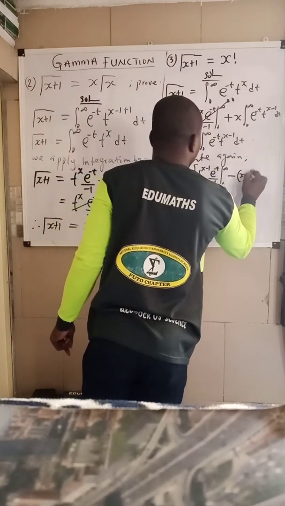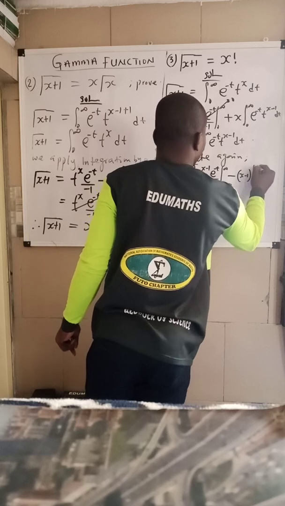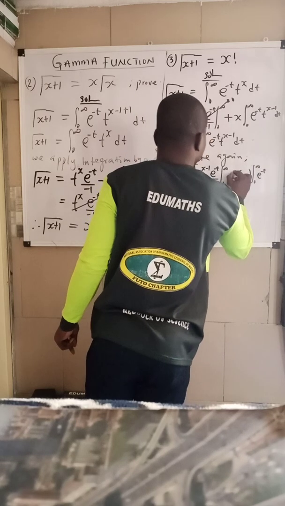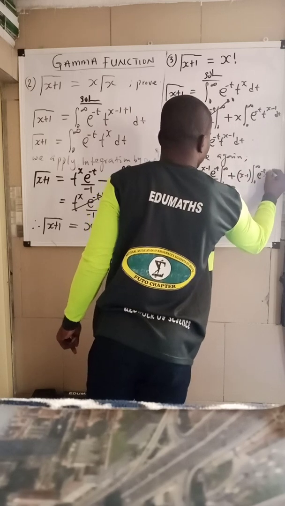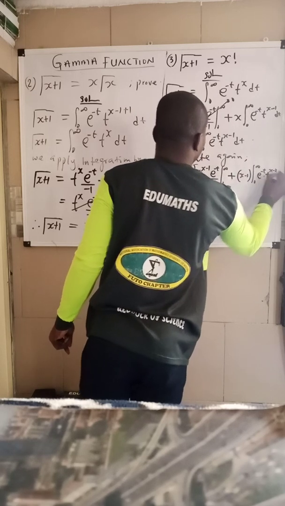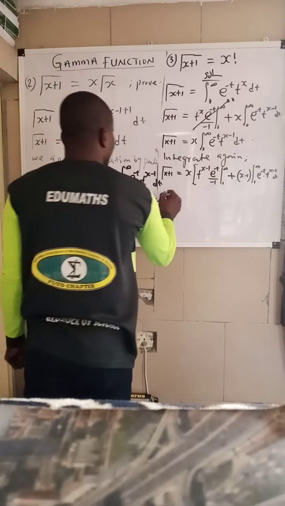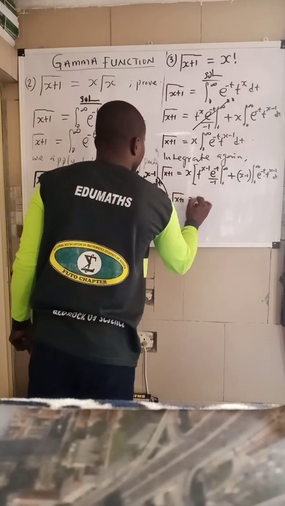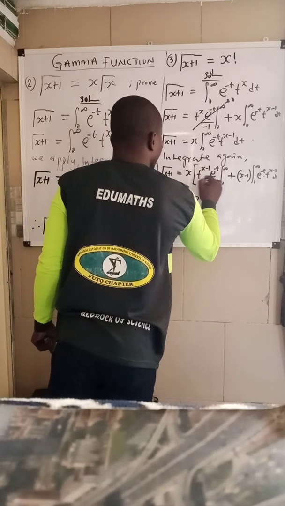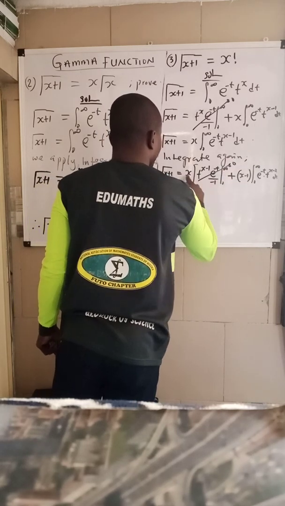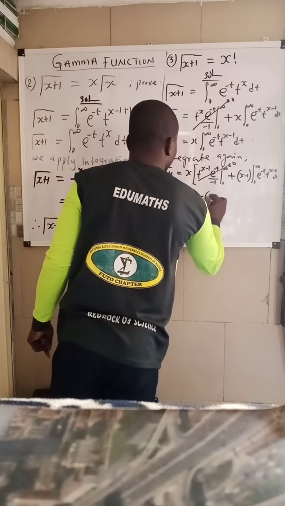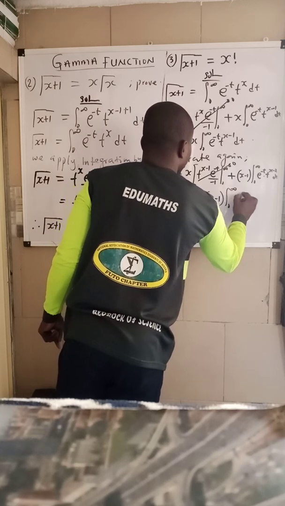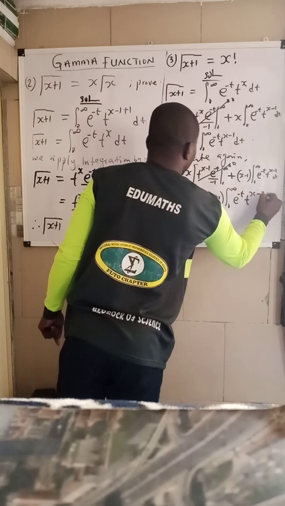We have x minus 1 integral from 0 to infinity of exponential minus t all over minus 1, that minus will turn this one to plus, times t raised to x minus 2 dt. Okay, so from here, this part will go to 0, remember. So x times this is x, bracket x minus 1, integral from 0 to infinity of exponential minus t raised to x minus 2 dt.